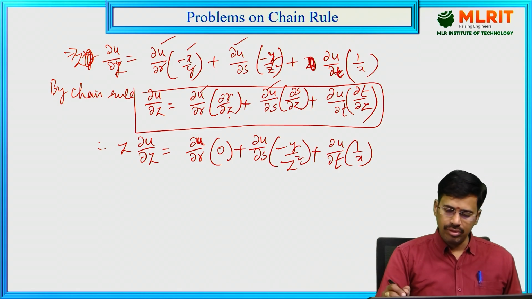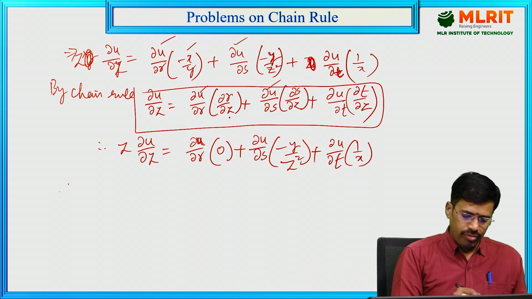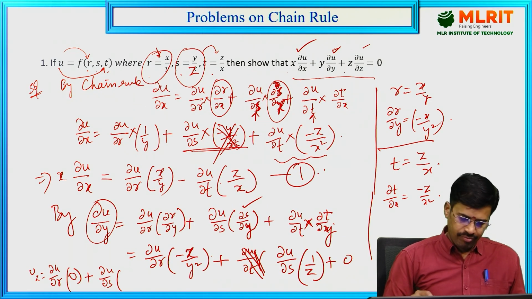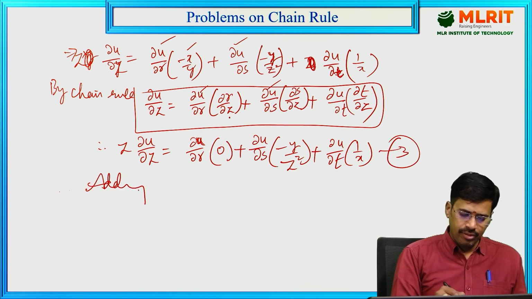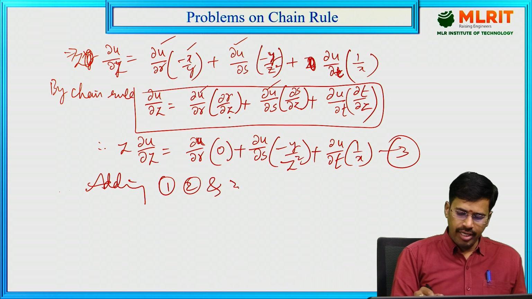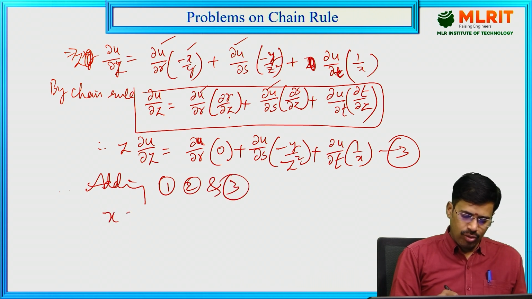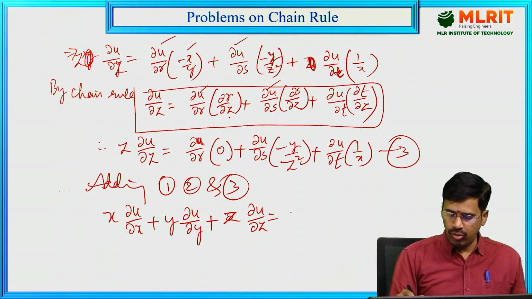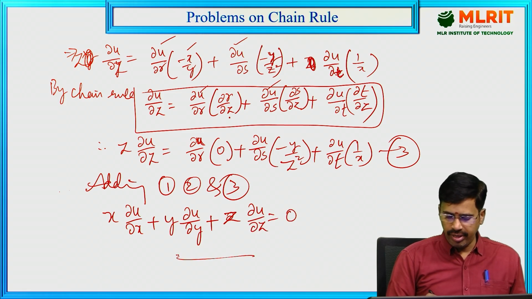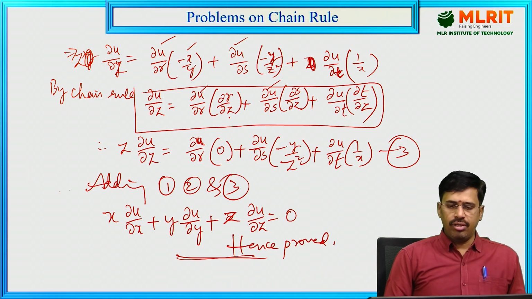Next, therefore we have to add the first equation, second equation and third equation. Adding 1, 2 and 3, x into ∂u/∂x plus y into ∂u/∂y plus z into ∂u/∂z equals, if we add, all the three terms will get cancelled, and hence proved. Right. Thank you.